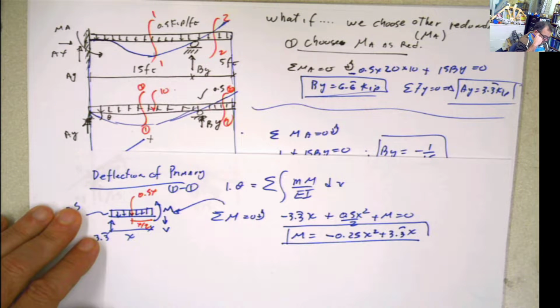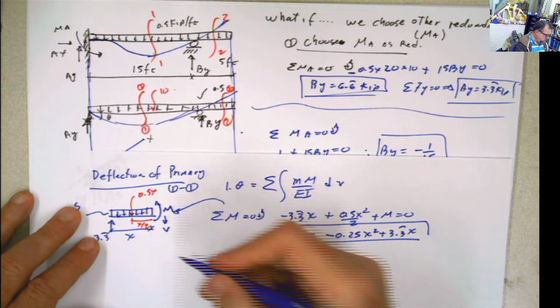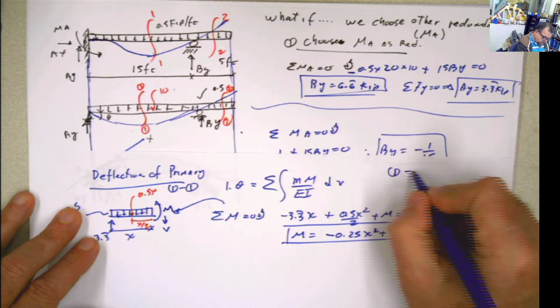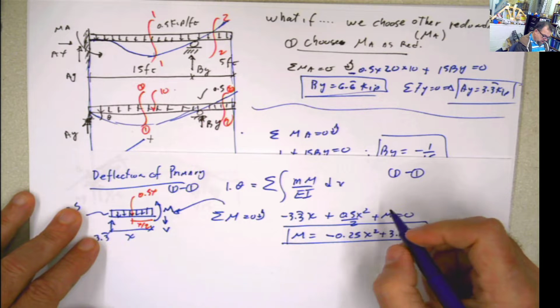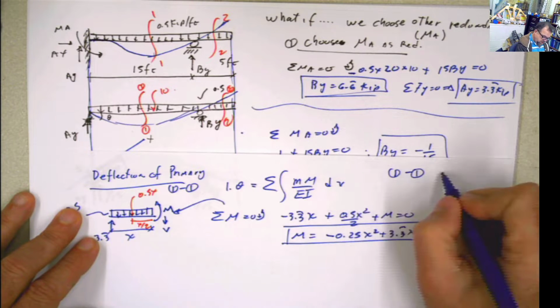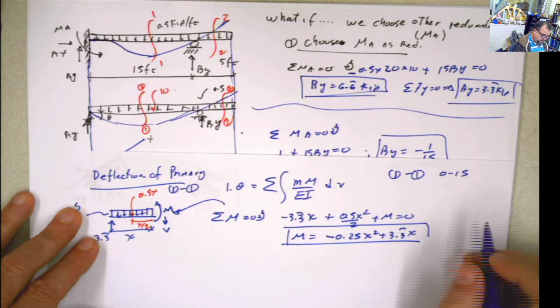And remember, this thing that we are doing is section 1, section 1, section 1. x is measured in this direction from 0 to 15 in the primary structure.